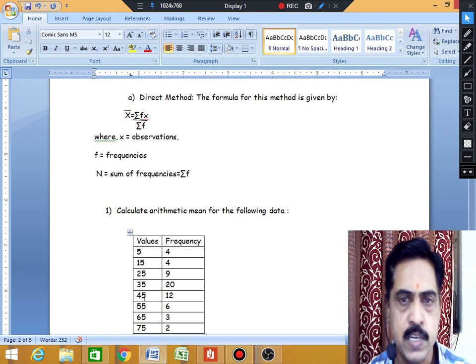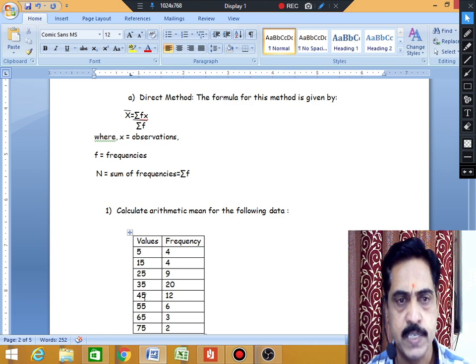The formula is given: summation fx by summation f.